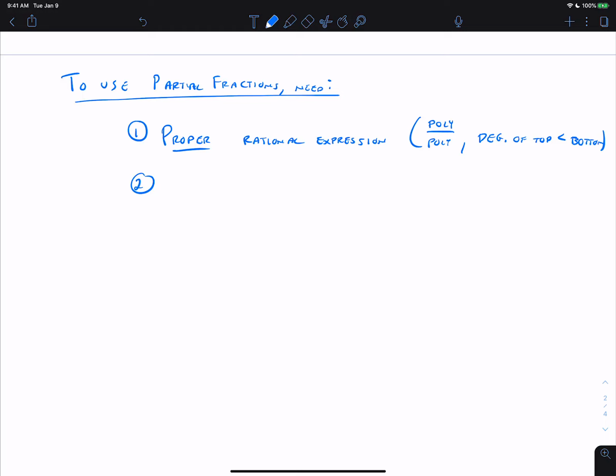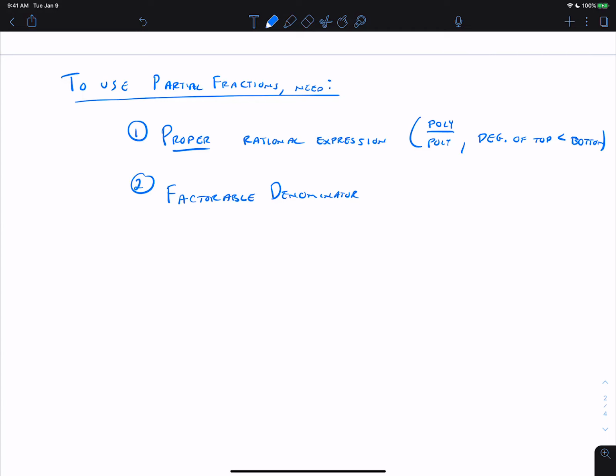We also need the bottom to be factorable. So it needs to break down some. We talked a little bit earlier about the fact that all cubics, so all third degree polynomials, will factor some. Fourth degrees don't necessarily have to, but for partial fractions to work, we need to be able to factor the denominator.